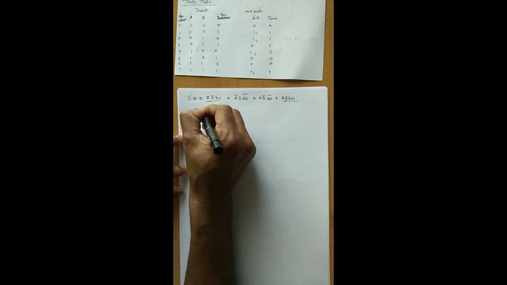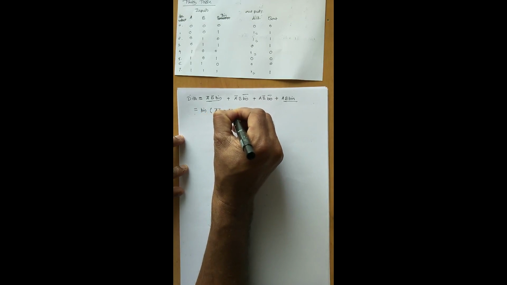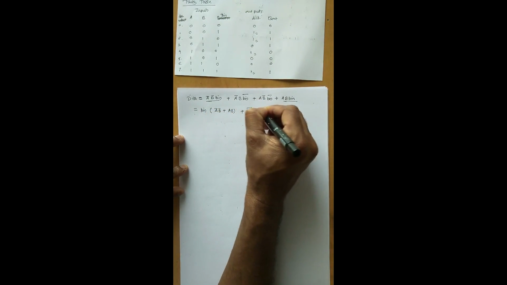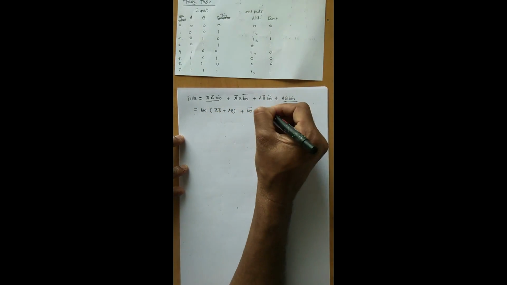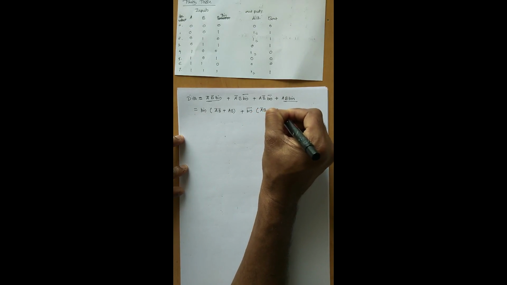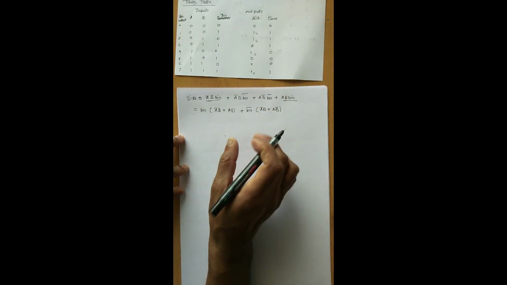In this B in is a common term. So what will be inside the bracket? A bar B bar plus AB, plus in these two terms, B in bar is a common term, so A bar B plus AB bar, this is the last terms.